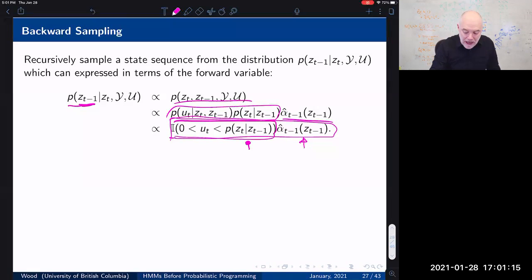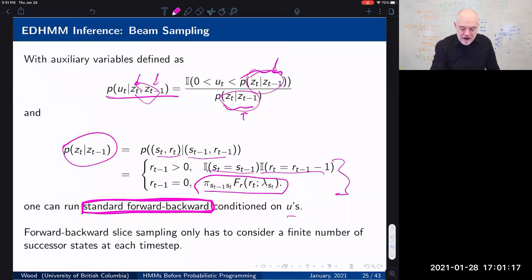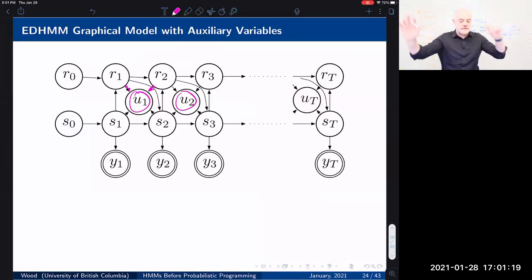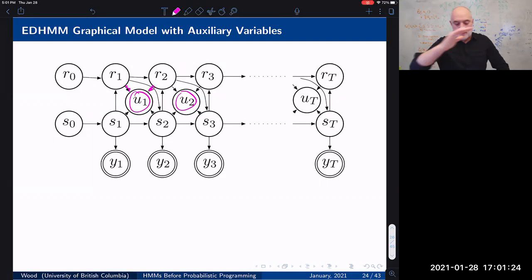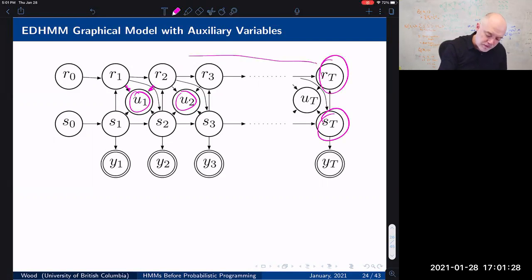And you can probably see that this should be a good Gibbs sampling setup. We've run forward, backward, and I've told you how to sample all of these intermediate states.